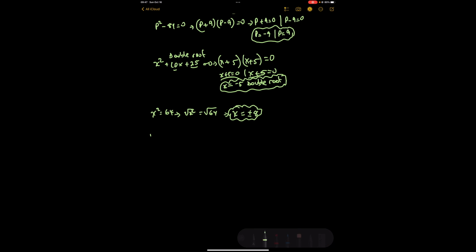Let's do r squared minus 36 equal to 0. I'm going to do this 2 ways. I might do it using the conjugate, meaning this is supposed to be a squared minus b squared. I'm going to do r minus 6 times r plus 6 equal to 0.